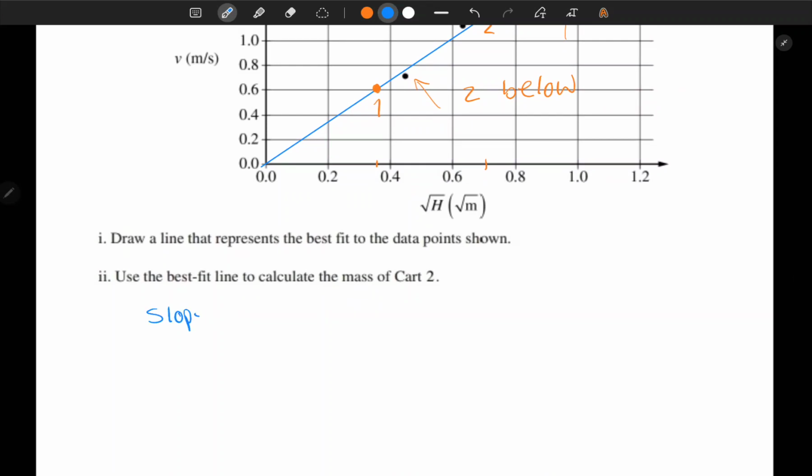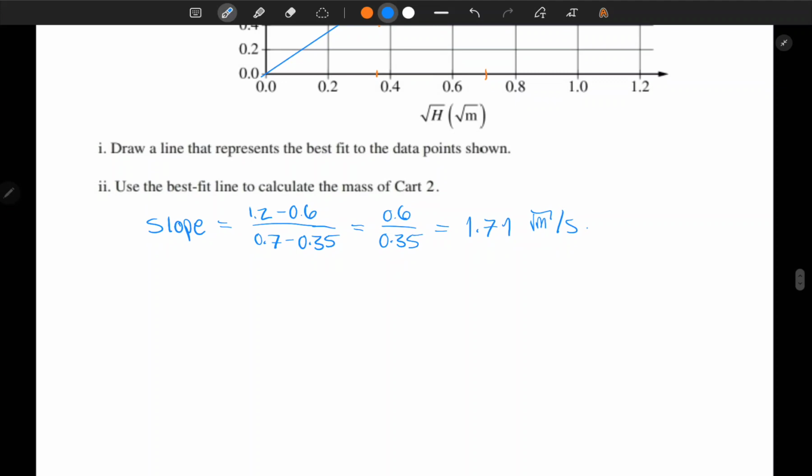The slope is the rise over the run, so it's (1.2 minus 0.6) divided by (0.7 minus 0.35). Simplifying this, we get 0.6 divided by 0.35, which is equal to 1.71 square root meters per second.